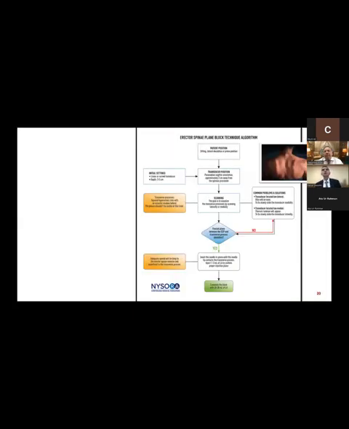I know the audience of this platform mostly belongs to urology, so I'll go through a few basic slides and steps in performing these blocks.